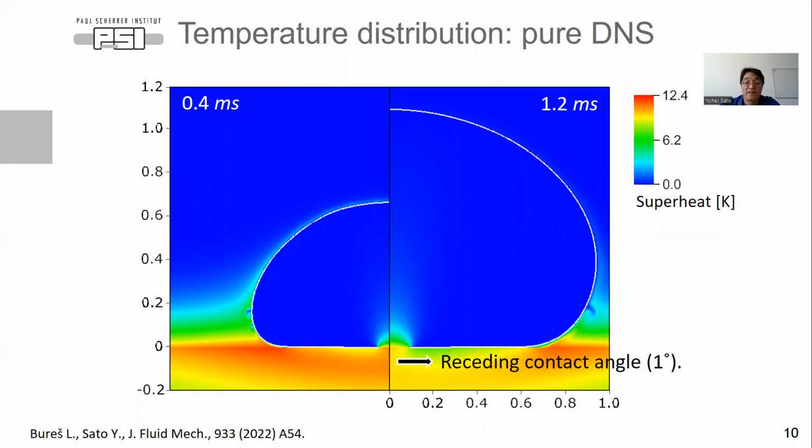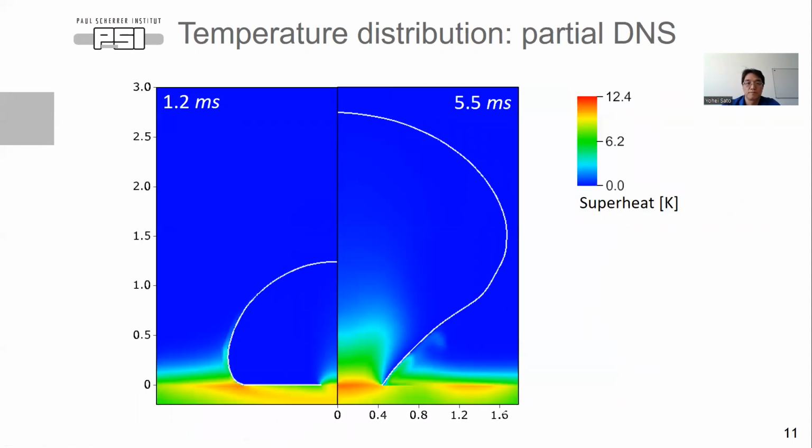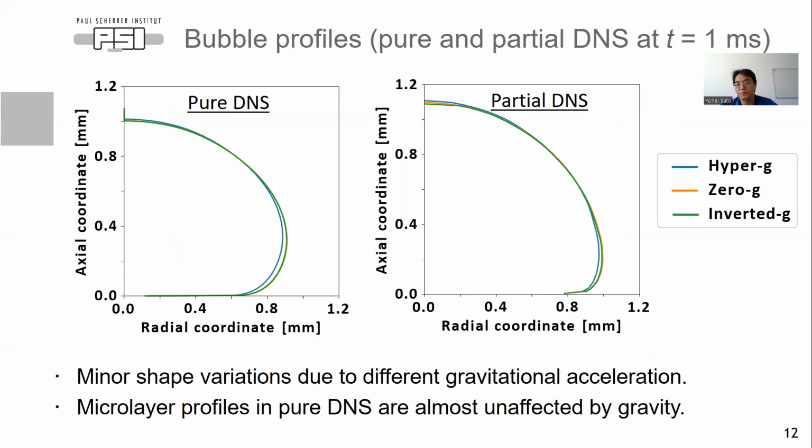And the receding contact angle here is set to 1 degree. This is the temperature distribution of partial DNS. In this case, we can simulate the entire bubble growth until departure. And the advancing contact angle is given as 55 degrees.